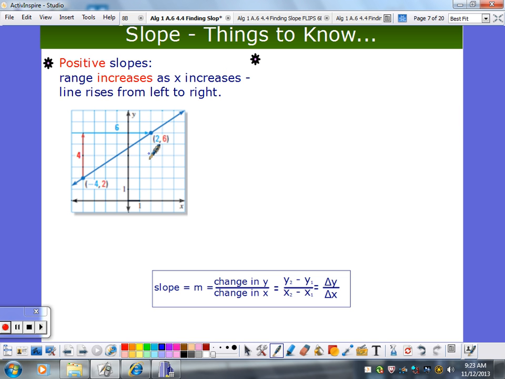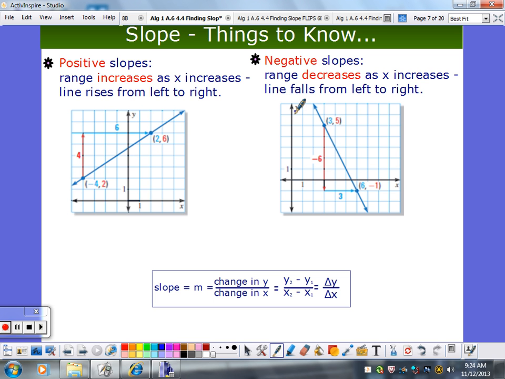And I remember this: if you're going up, you're a positive person, because up people are positive. So this is positive slope. This guy over here, if I can click on it, is a negative slope. Again, going left to right, what's happening here? Oh, down people are negative, right? We're going down. If you're going up, you're positive.